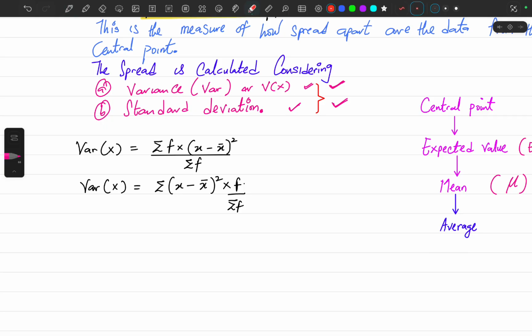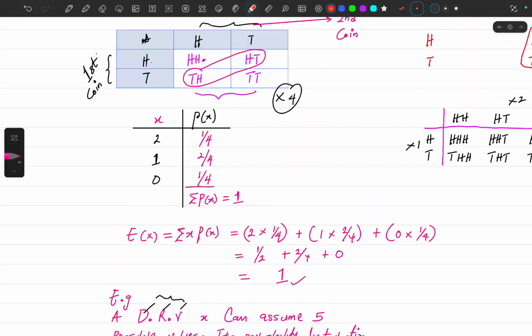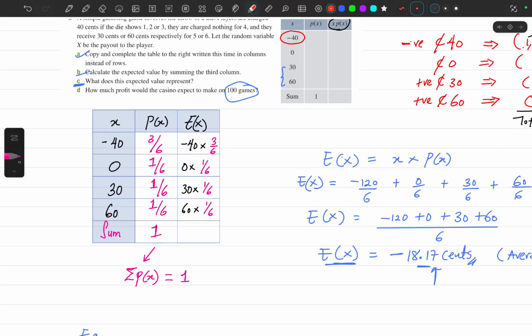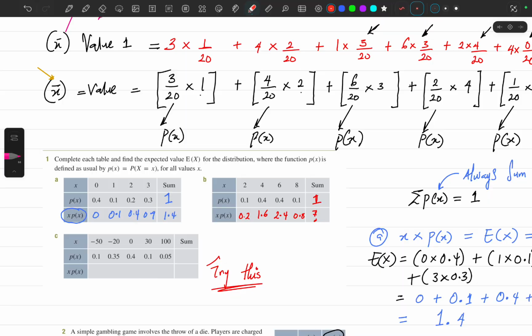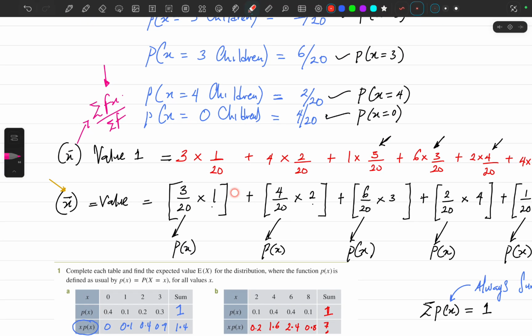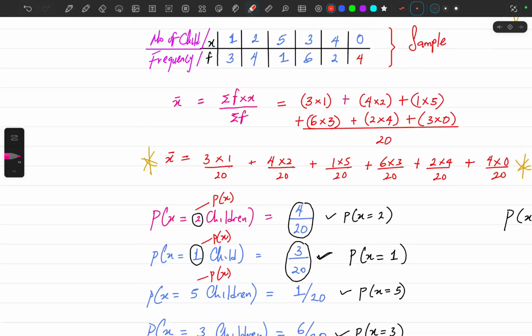And if I do this, frequency divided by summation f, I'll take you some steps back to the beginning of the video where we talked about what probability of x is. If you want to get this, I can walk you through the previous video.